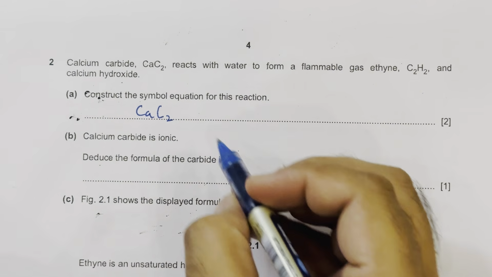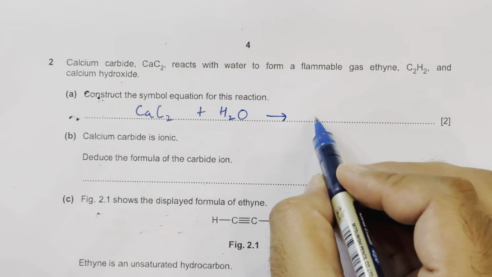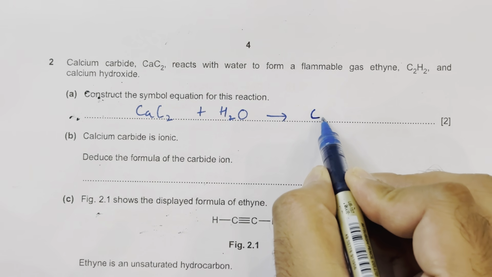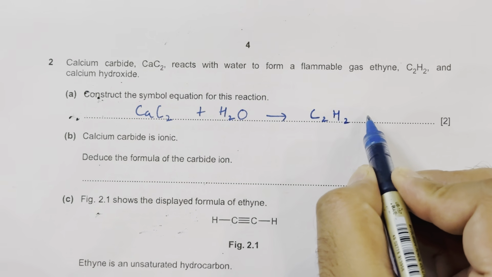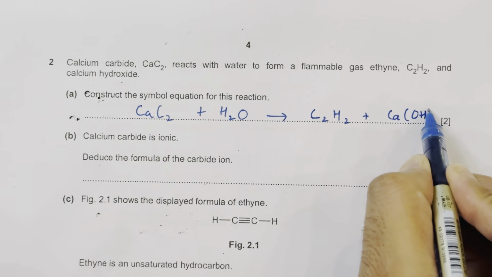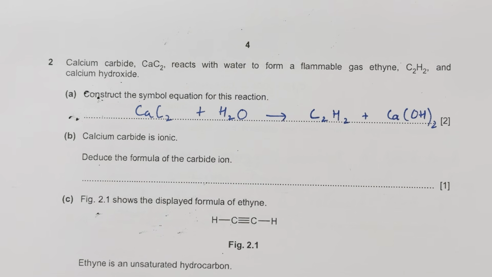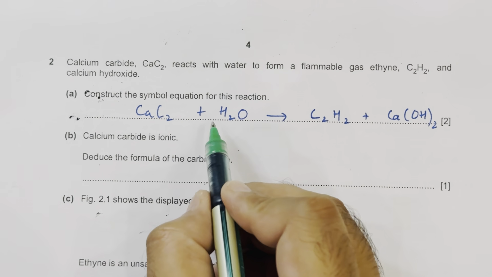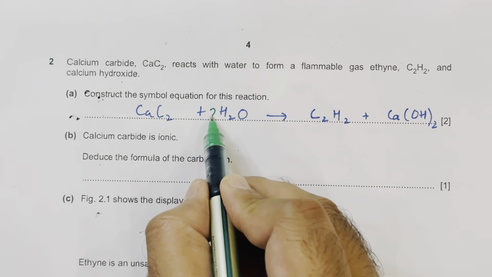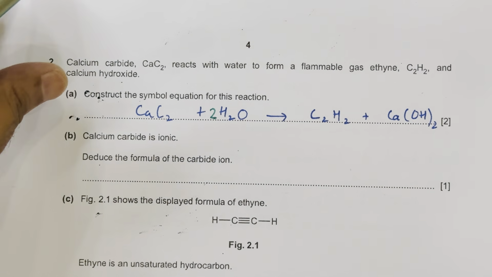And when it reacts with water, it produces C2H2 ethyne gas and calcium hydroxide, and the calcium hydroxide has formula of Ca(OH)2. Now we need to balance. Calcium is balanced, carbon is balanced, hydrogen over here is 4 and over here the hydrogen is 2, so we're going to write 2 over here. Now the oxygen and hydrogen are both balanced.